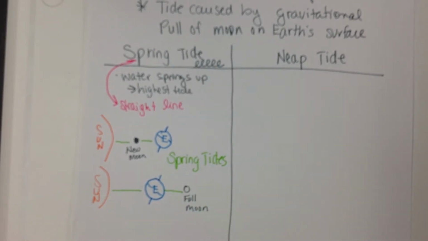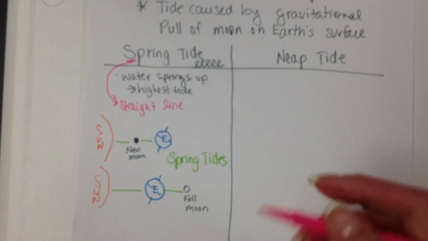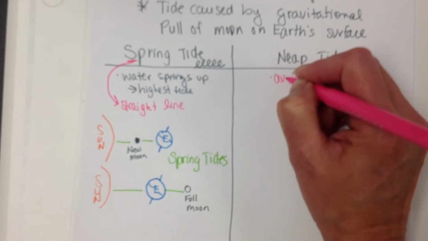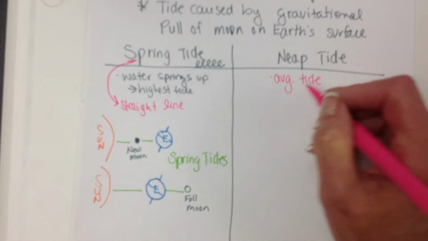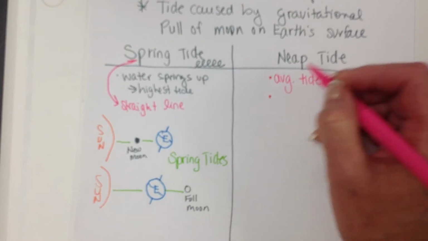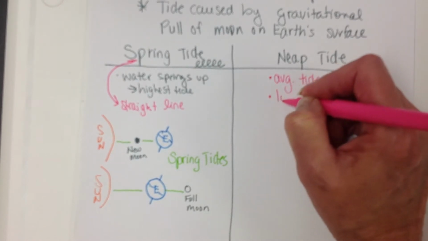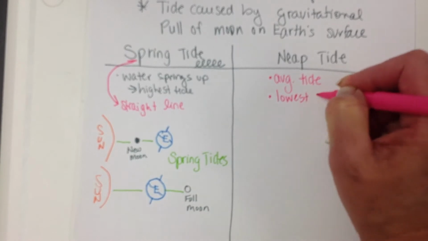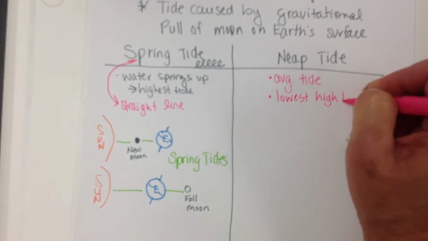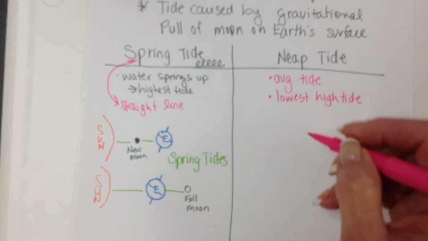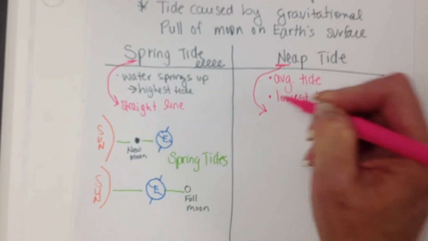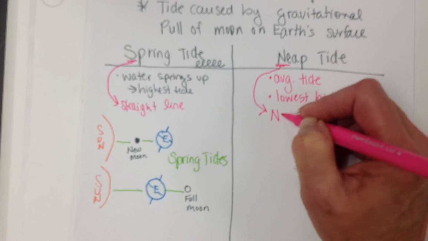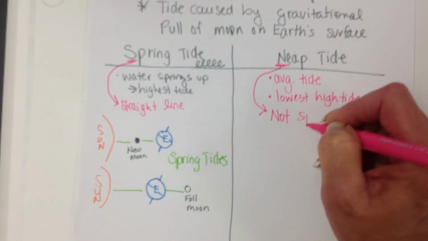Whereas a neap tide, if you're looking at a neap tide, they're very average tides. Actually, here the high is lower than the average. Lowest high tide. And here, let the N remind you of when you see sun, earth, and the moon, they are not straight.